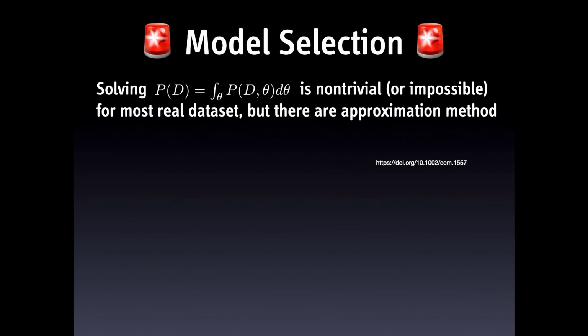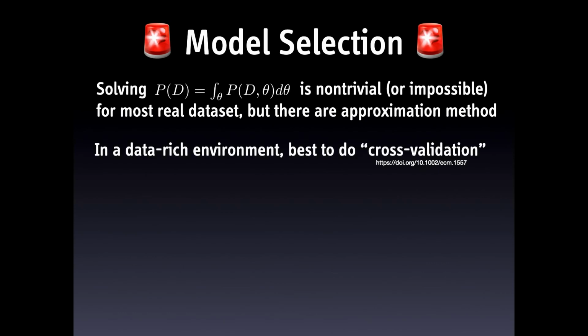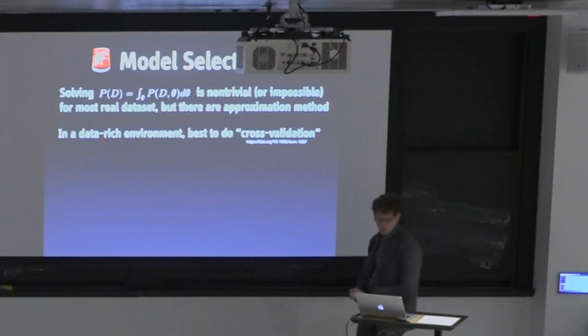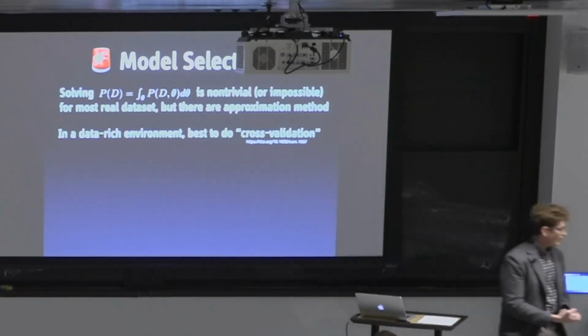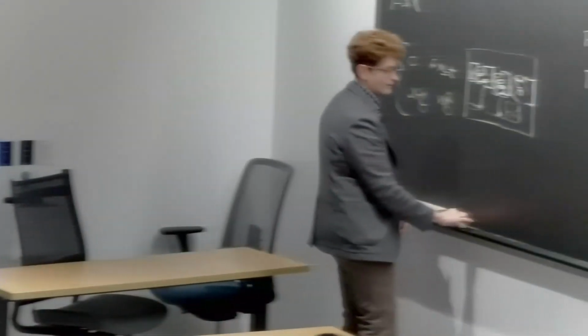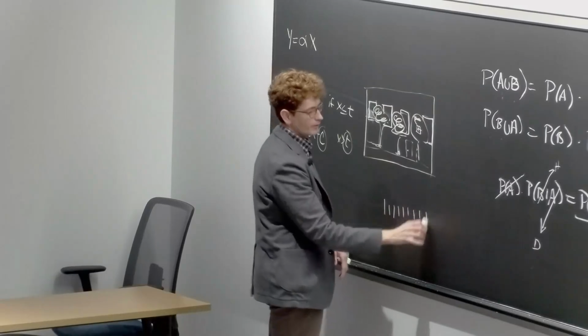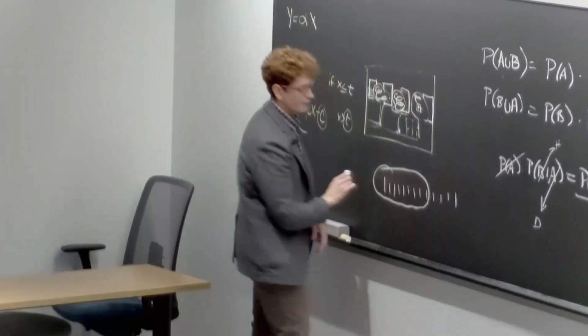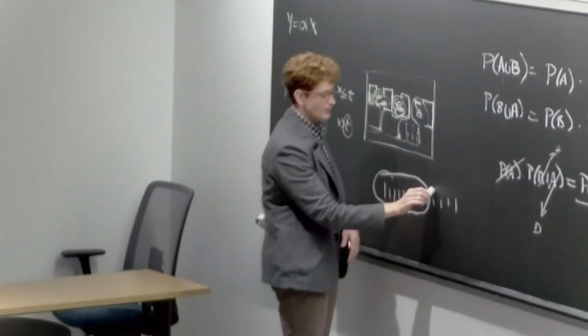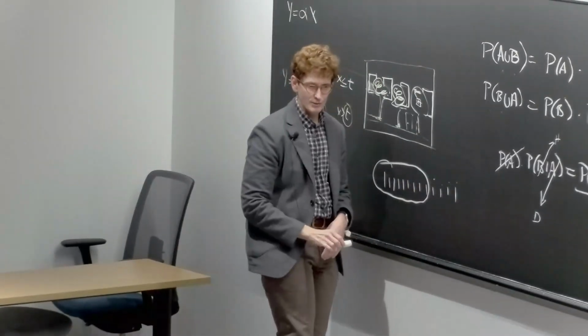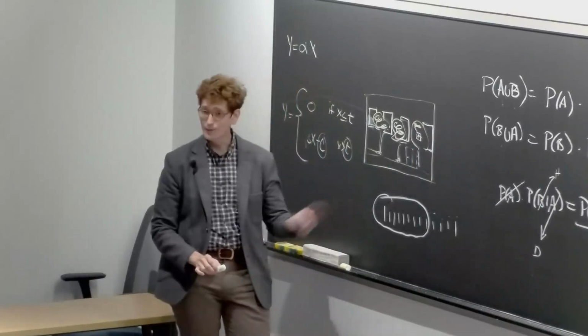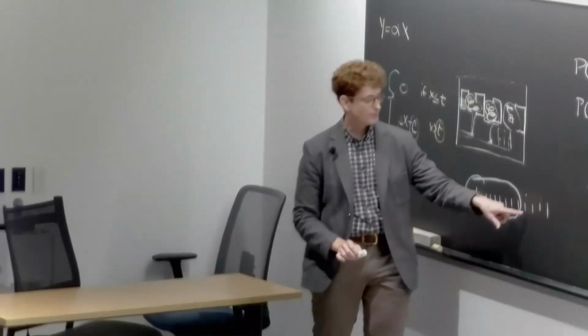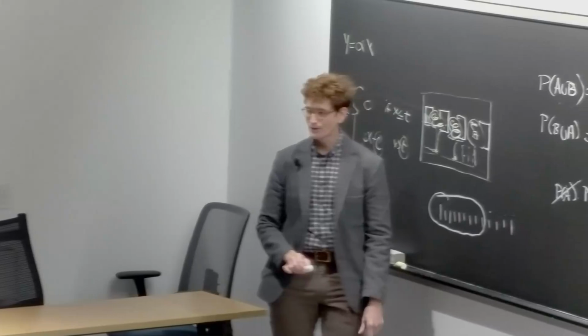The best way to do this, if you have a large data set, is called cross-validation. So what you do is you have a lot of samples in your data. Here's a bunch of people in my data set, right? And I train my model on this population. And then I use these people who didn't go into the trained model to test how well the model works, to see what the prediction error is for each of these observations.